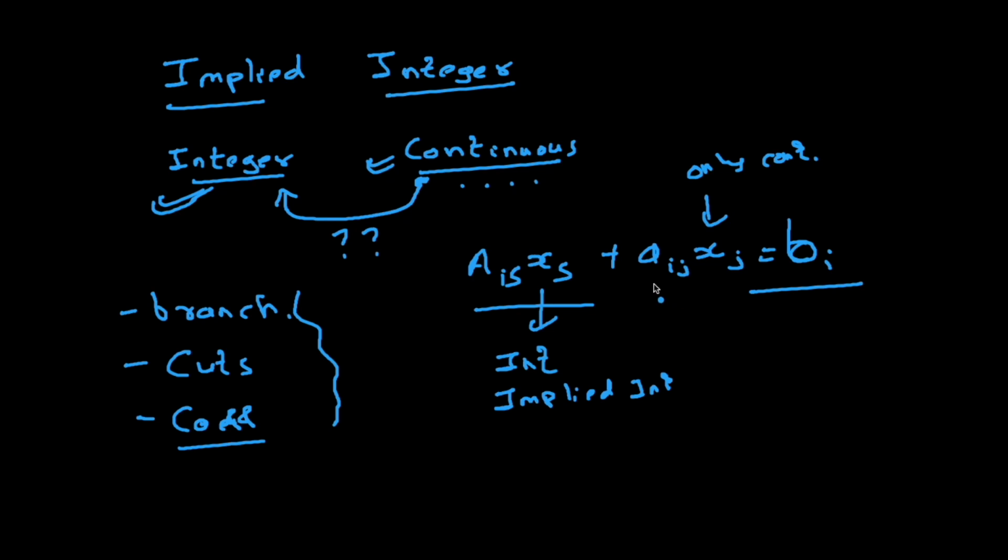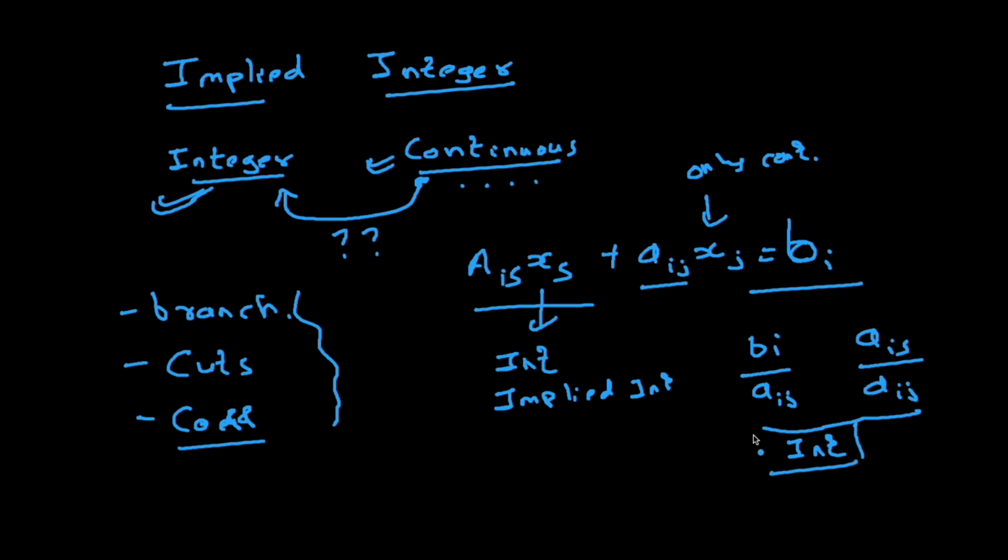Second, when we divide all those coefficients by a_ij, so b_i by a_ij and all the a_iS by a_ij, all of this should be integer. If this happens, then it is kind of trivial. If everything around this variable is integer, that means this is also an implied integer variable. That is a very easy thing to detect.